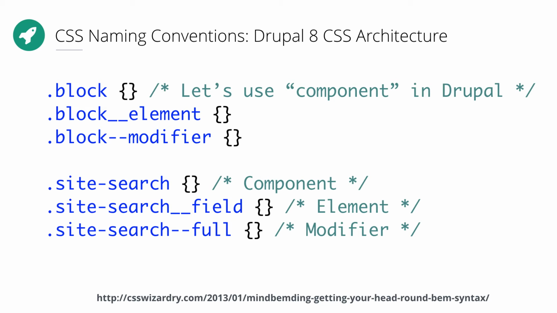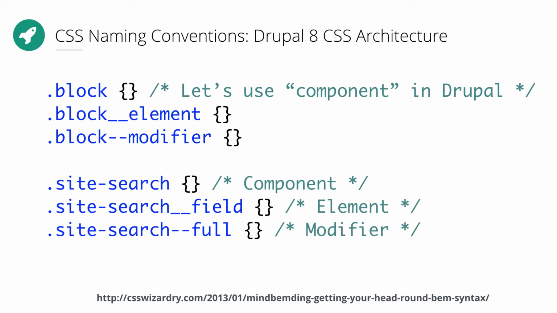So this is an example of BEM, and again, the naming things topic is probably a huge talk on its own, so I'm just going to gloss over this. But we've got block, element, and modifier. So in Drupal world, block is a confusing word to use, so we call it a component instead. And so you can see there we've got a site search component, site search _field.